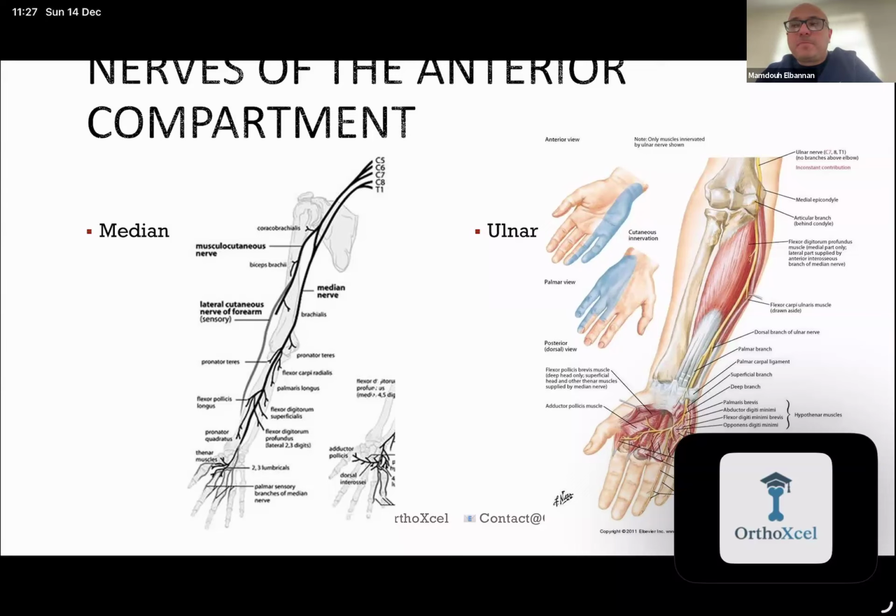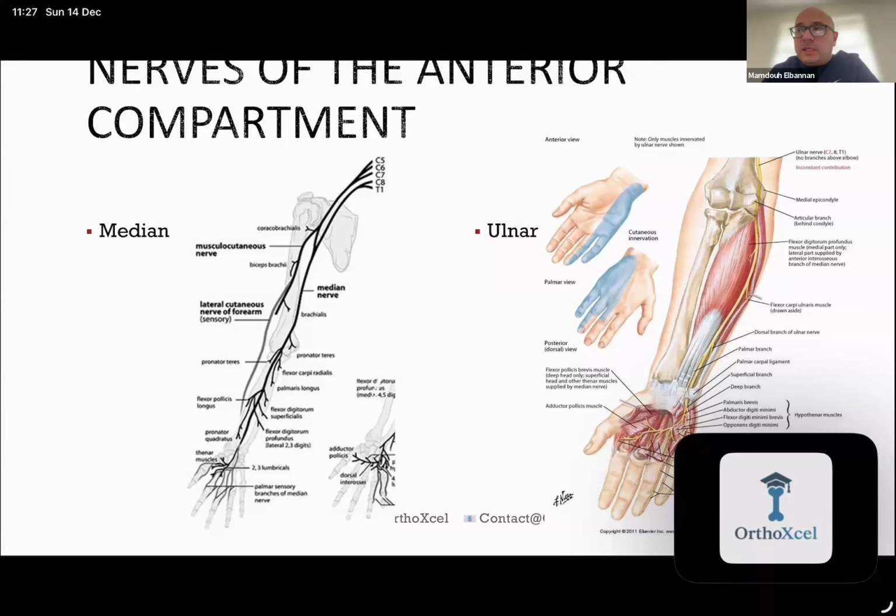This differentiates the level of the injury of the median nerve. With a higher median nerve injury, the patient loses the function of the anterior interosseous, so you lose those muscles. If the injury is lower than the split that gives the anterior interosseous, then these muscles will be spared. So you correlate it to your anatomy.